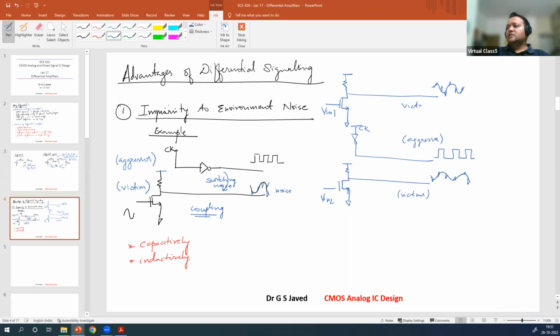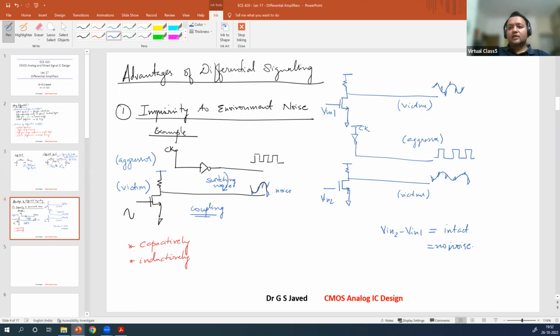When these victims subtract from each other, the difference between the two is intact. So V in 2 minus V in 1 will be intact, with no noise present in it. This is one good advantage of differential signaling.